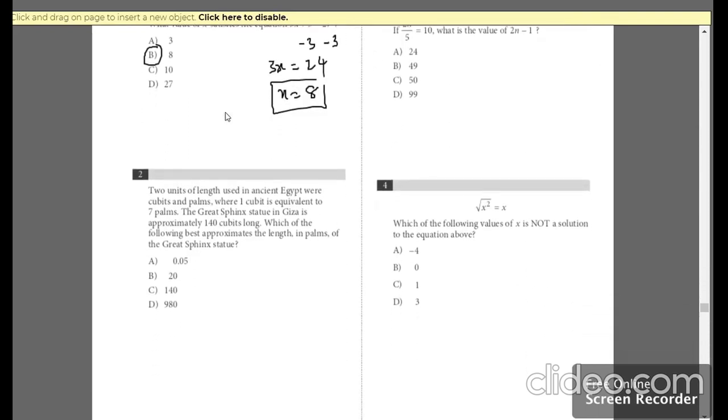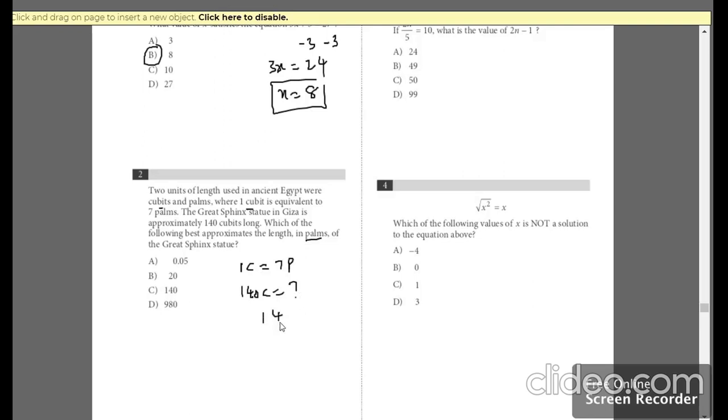Moving on to question number 2, our problem. 2 units of length used in ancient Egypt were cubits and palms, where 1 cubit is equivalent to 7 palms. What is the length of 140 cubits, best approximated in palms? So 1 cubit is equal to 7 palms, then 140 cubits is going to be how much?